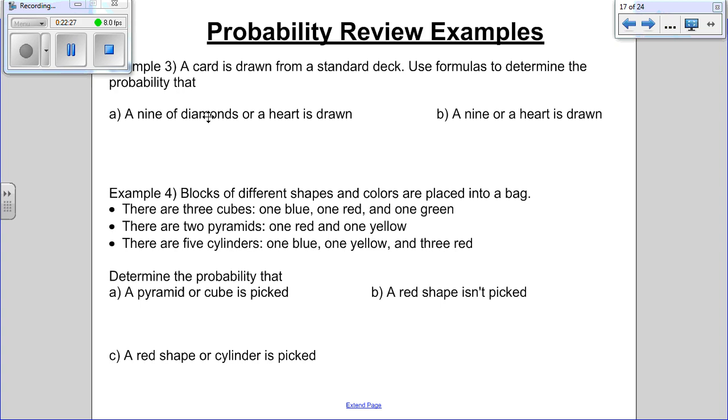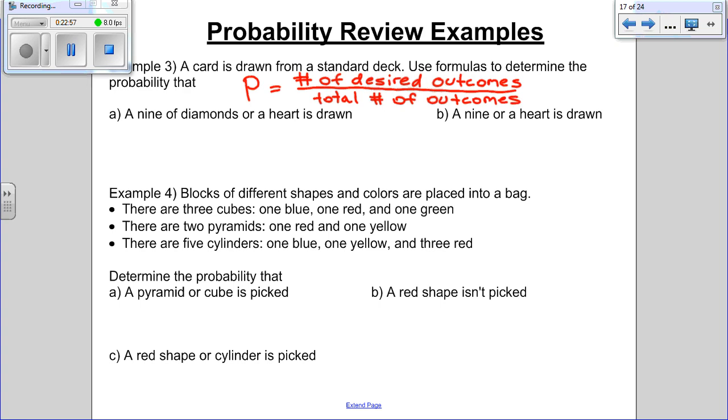Number of desired outcomes, so what you want to have happen, divided by the total number of outcomes.